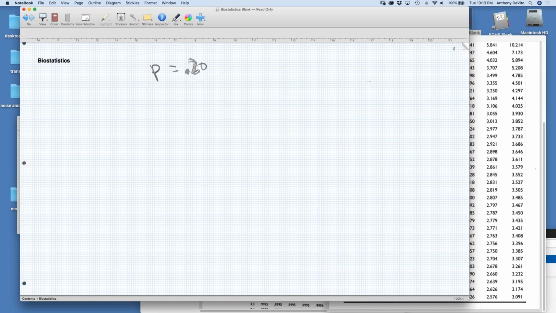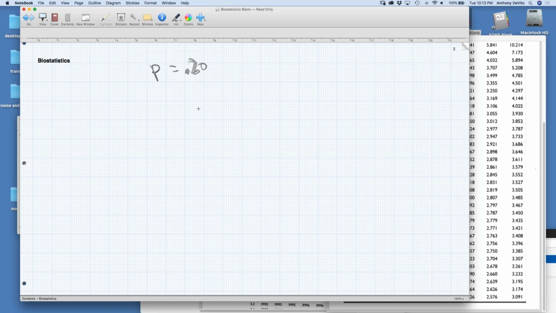Okay. So if I randomly select someone in the age range of 20 to 40 or something like that, the probability that that person bikes to work on a regular basis is 20%. That's basically what I'm saying here.